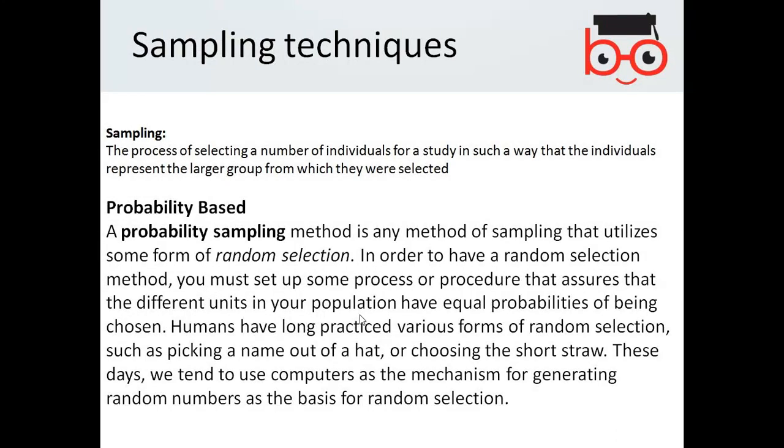Sampling. Sampling is the process of selecting a number of individuals for a study in such a way that the individuals represent the larger group from which they were selected. So, for example, if there are 10,000 people and you wanted to get some opinion about something, it won't be the case that you survey or investigate all 10,000 people.